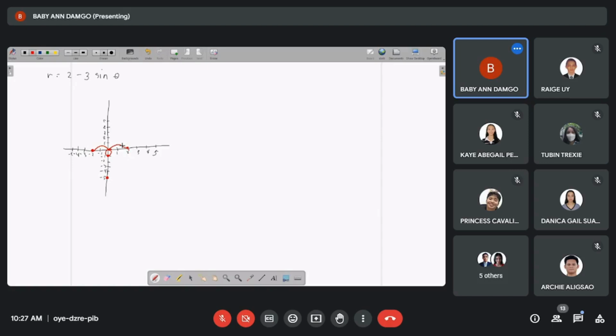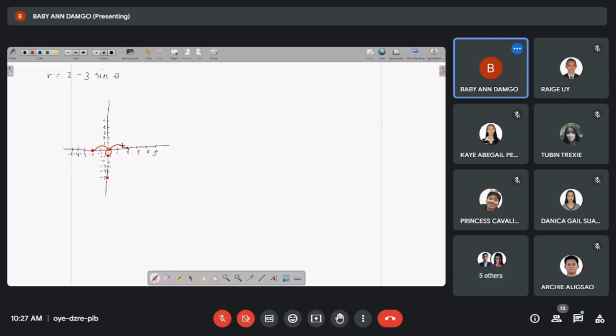Okay, so this is the graph in which this is our A here. So from left to right, and then so our loop. This is 3 minus 2. Ay, okay. Correct, Raday. This is 1 man din.